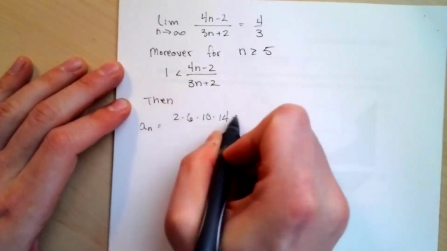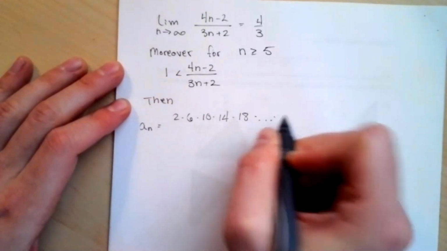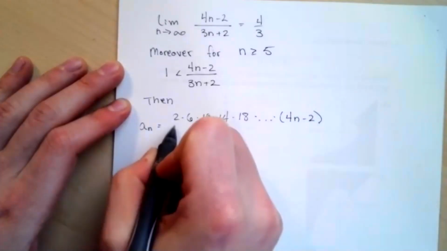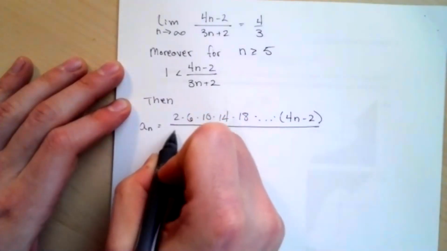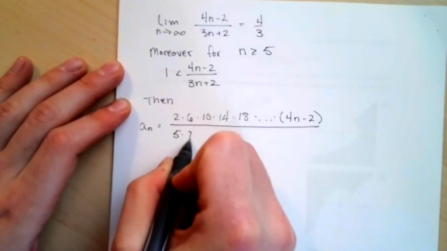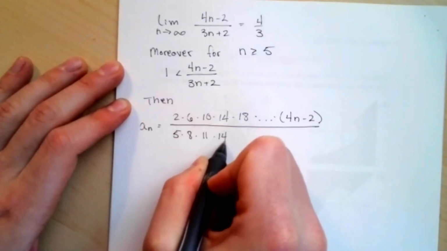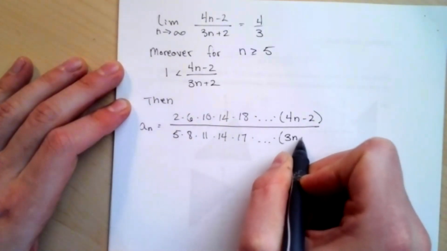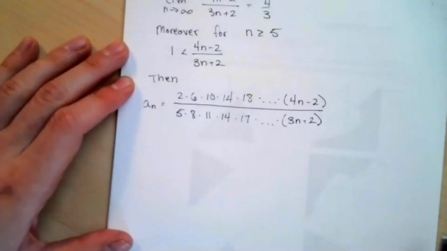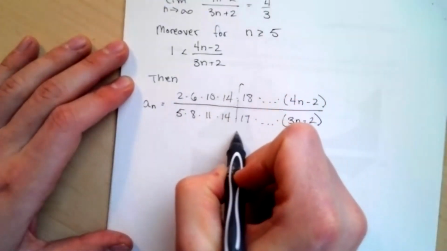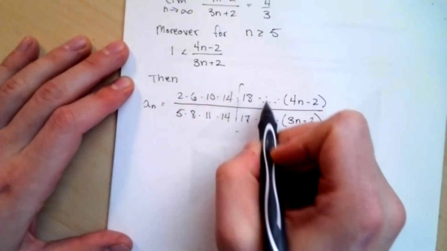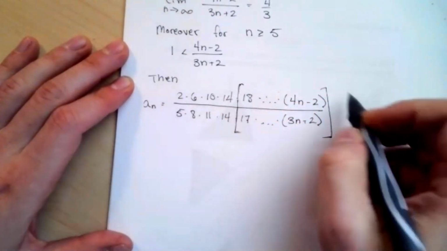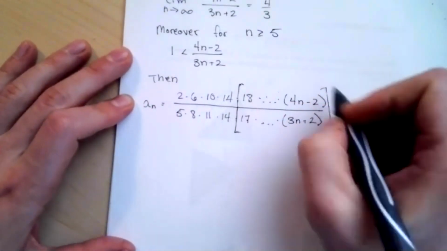We can add in our fifth term here, over 5 times 8 times 11 times 14 times 17 times. We know that each of these terms, 18 over 17, whatever the next one is, each of those are bigger than 1.